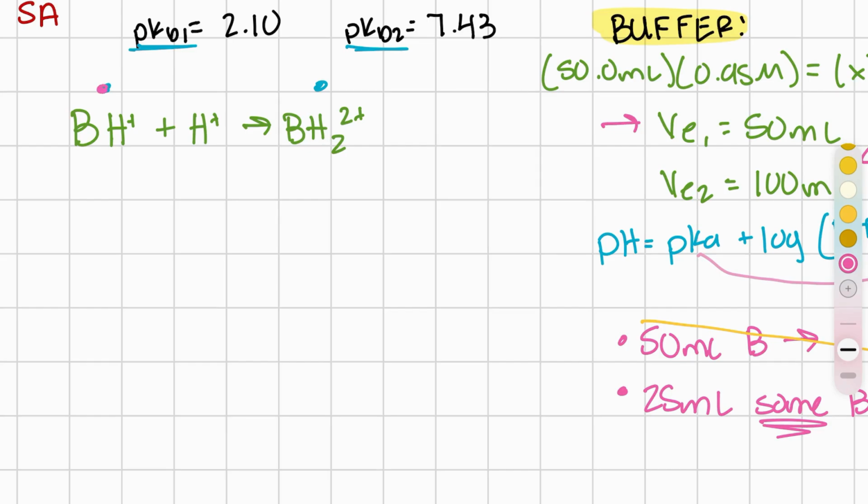So some of this BH is being converted to BH2. If we have 50 out of 50, 25 milliliters of that 50 have been converted. So now we have 25 out of 50 left here, and 25 out of 50 over here.